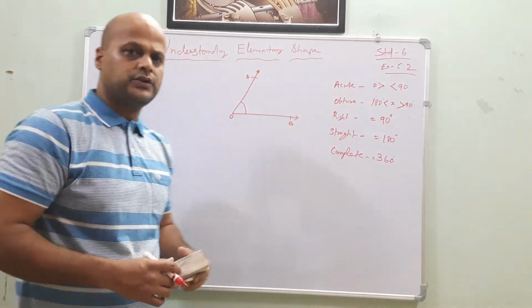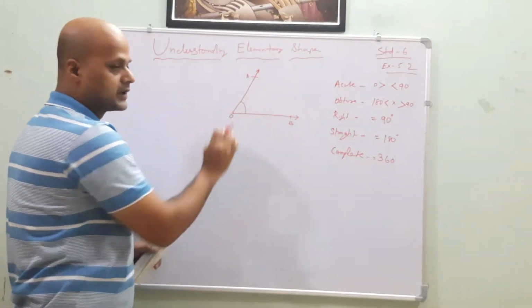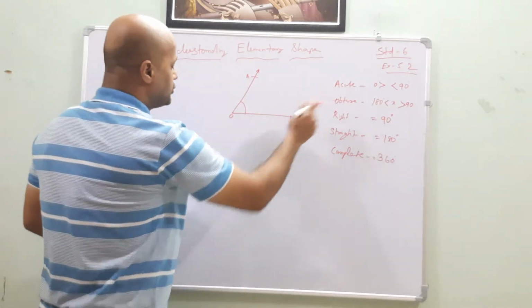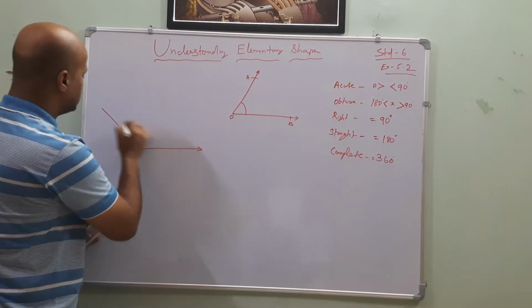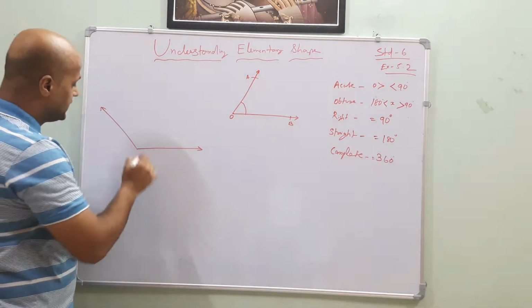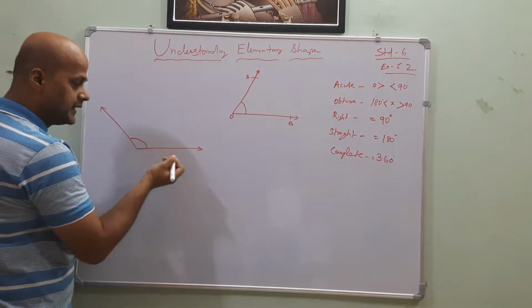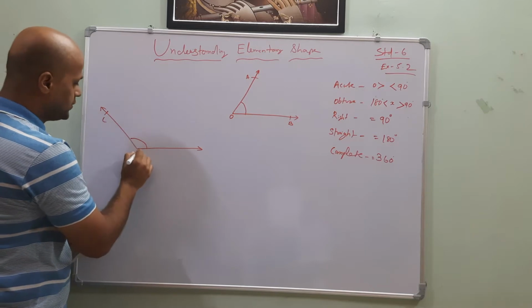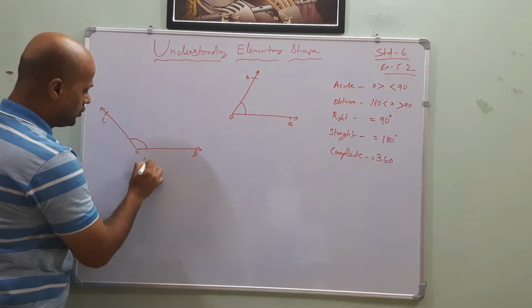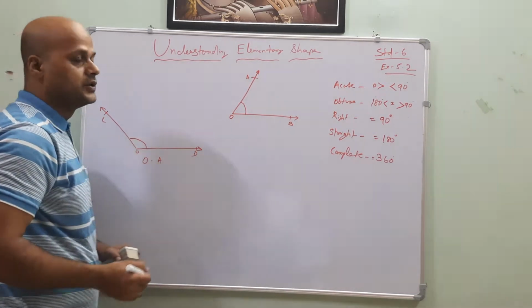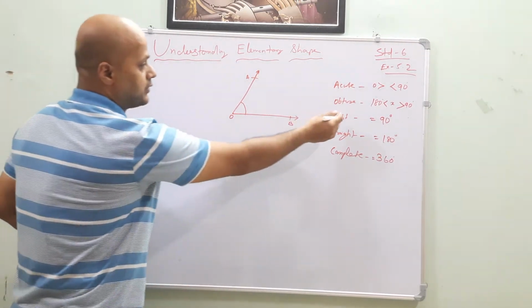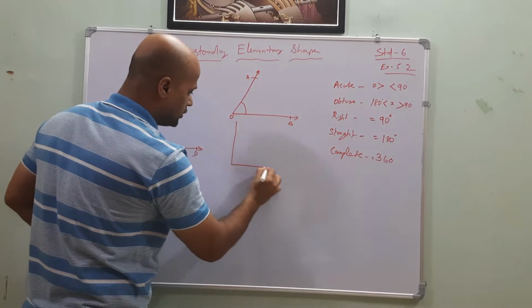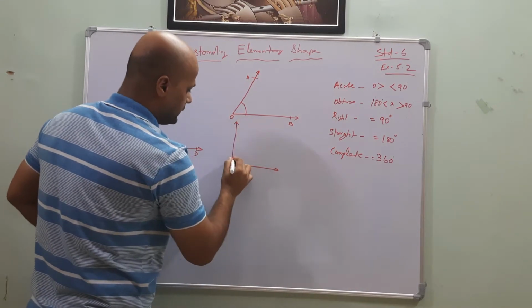These are the angles we are studying. What are the examples? An angle of less than 90 degrees is an acute angle, yes or no? Obtuse means it is more than 90 degrees but less than 180 degrees. COD is called an obtuse angle, greater than 90 degrees, less than 180 degrees. A right angle is equal to 90 degrees.